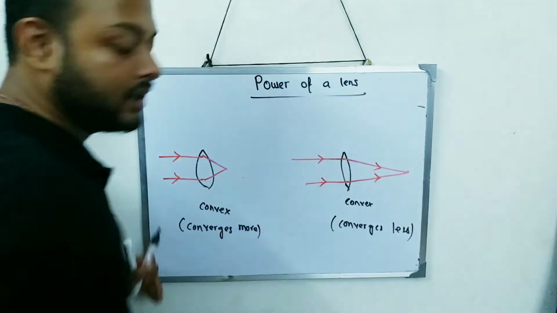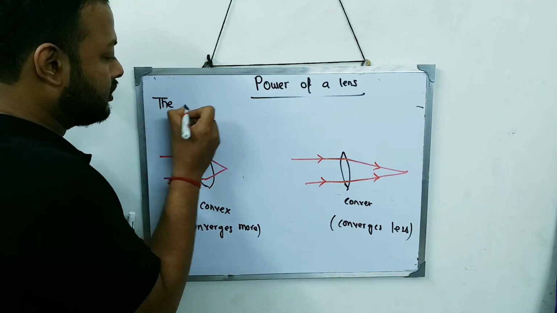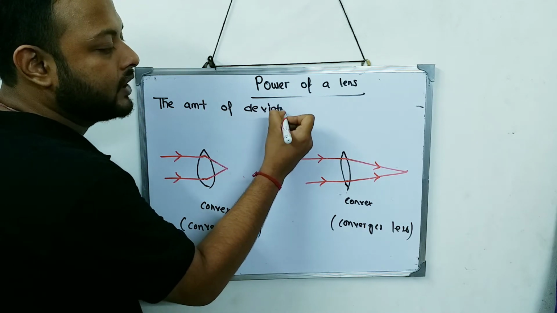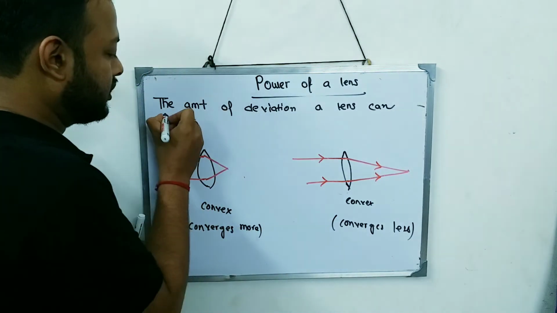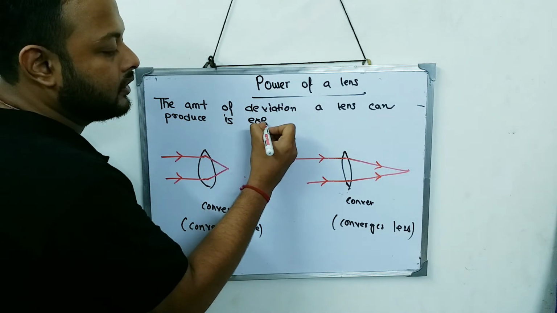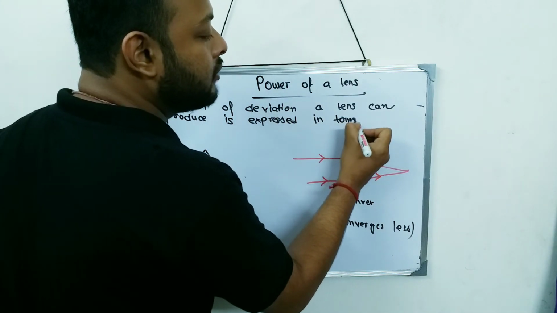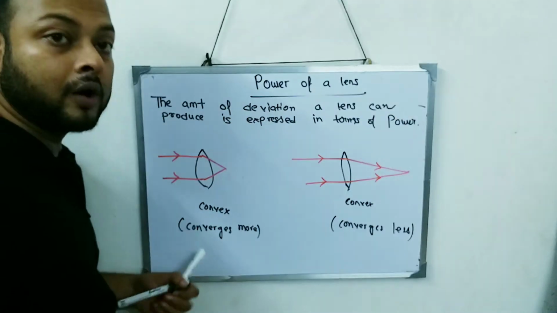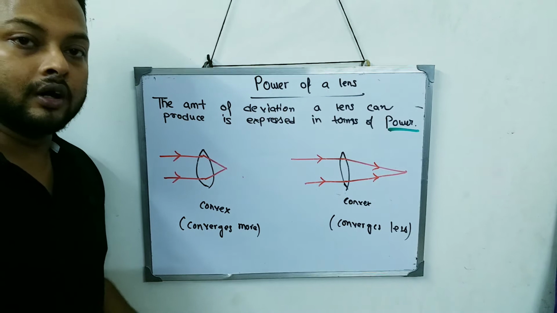The amount of deviation a lens can produce is expressed in terms of power. So that is called power. So the amount of deviation a lens can produce is expressed in terms of power, right?